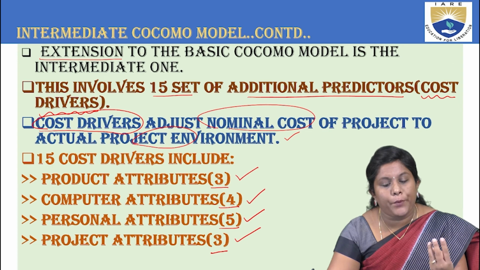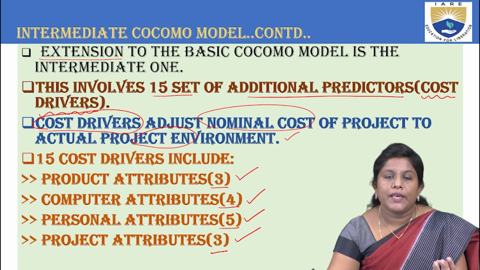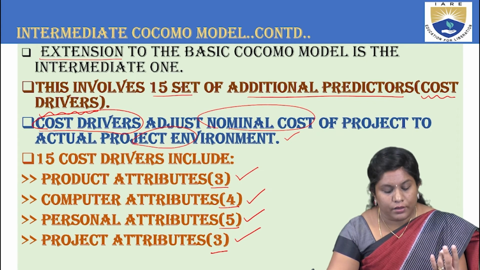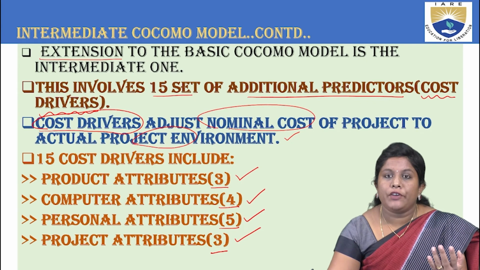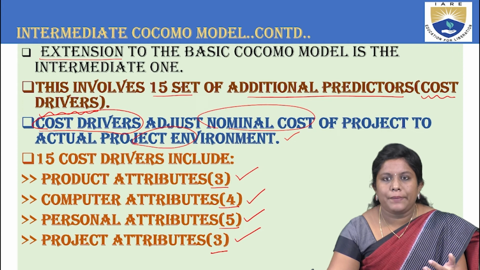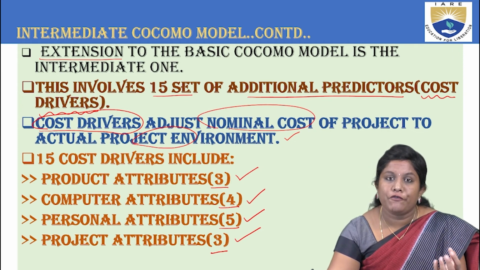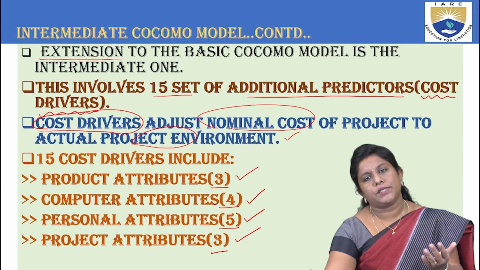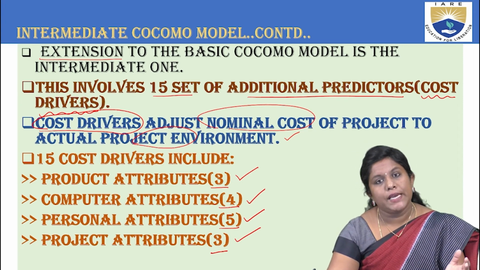The first one is the product attributes, which have 3 parameters. Next one is the computer attributes, which have 4 parameters. The third one is the personnel attributes, which have 5 things to be discussed. And finally the project attributes, which have 3 things to be discussed.